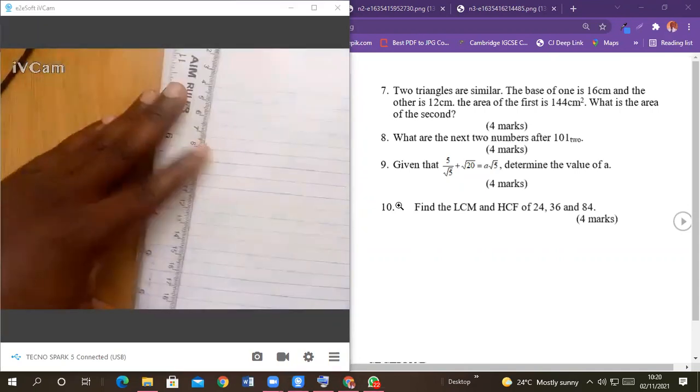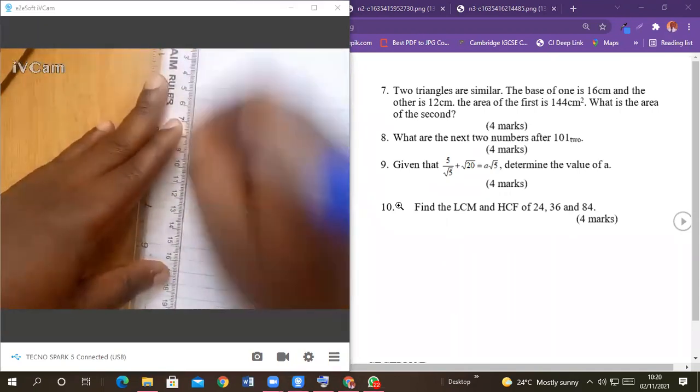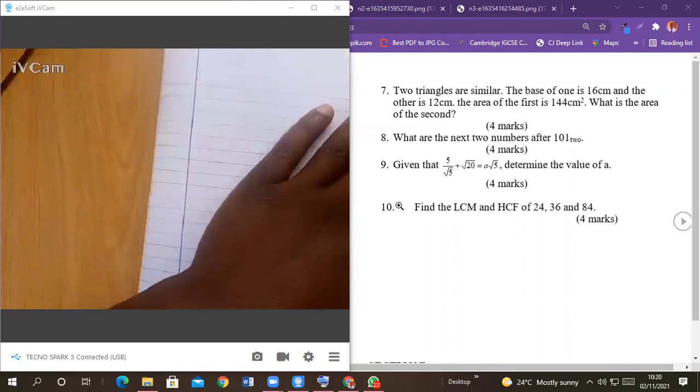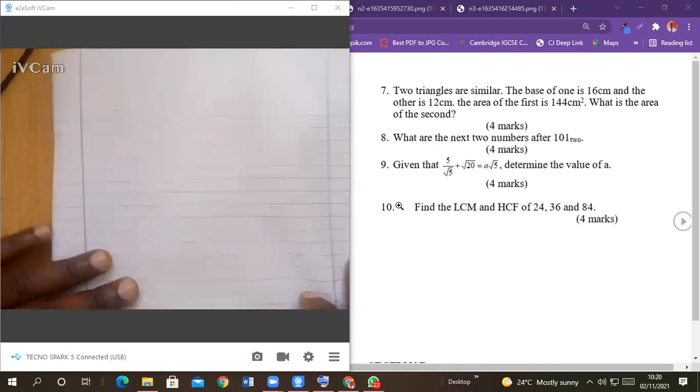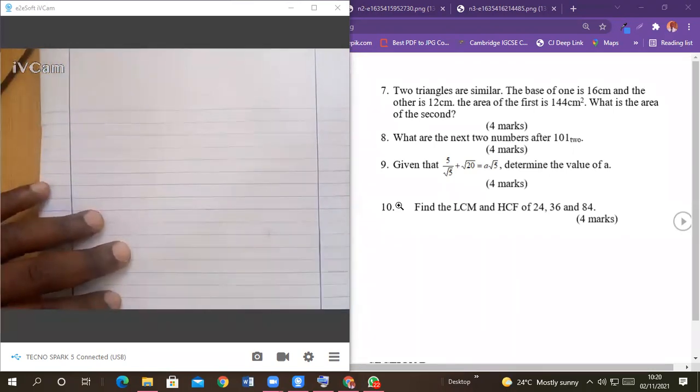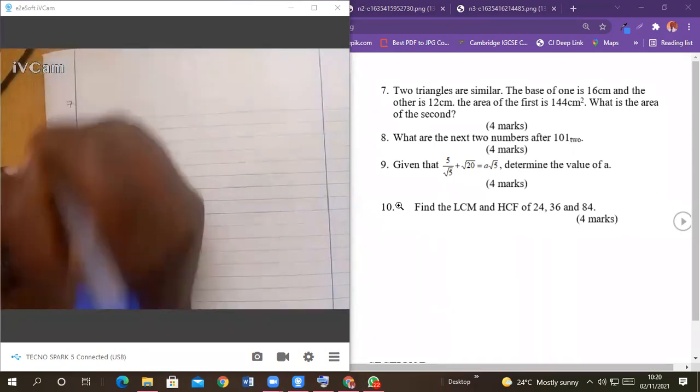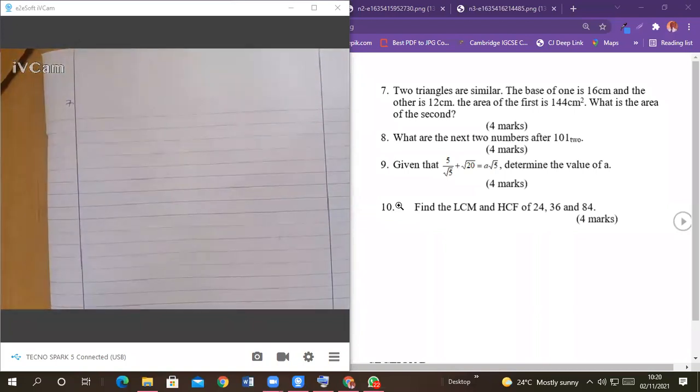It is a question that required you to have done some little research about enlargement and similarities. So they are saying that two triangles are similar.